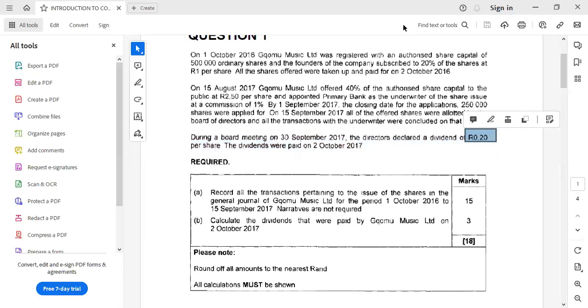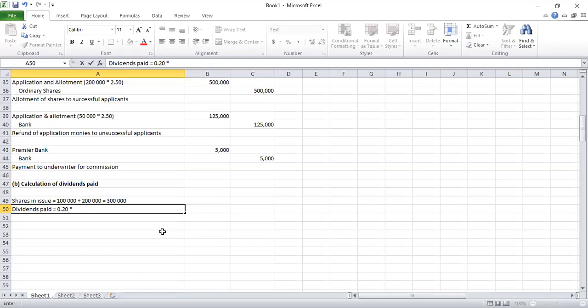So 0.20 multiplied by 300,000. What do you get? $60,000.